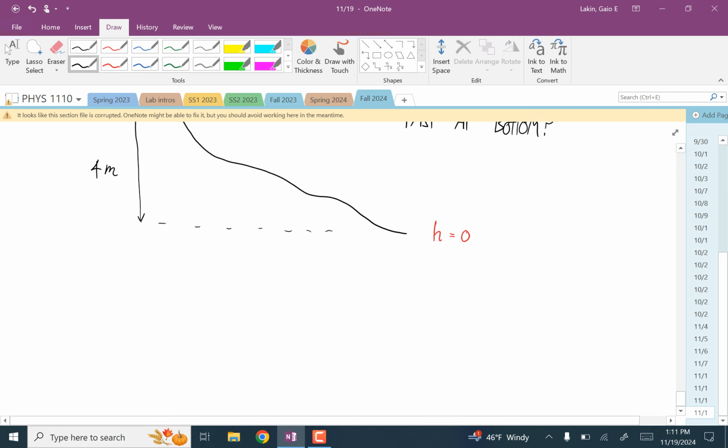So I'm going to set up my little table that I always do. Instant 1 is going to be at the top of the hill. Instant 2 is at the bottom of the hill. At the top of the hill, the gravitational potential energy is the mass of the kid and the skateboard.